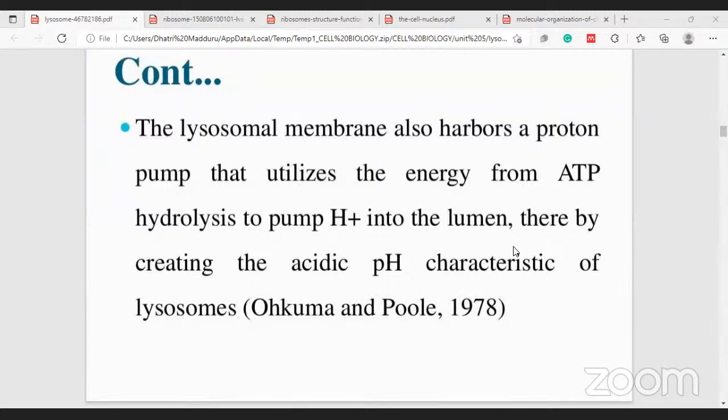Here it is not synthesizing something: when ATP is hydrolyzed to form ADP and Pi, the energy released is utilized by the proton pump to pump protons, H plus ions, into the lumen of the lysosome. When more H plus ions are there, acidic pH is generated. Therefore, lysosomes are mostly acidic in nature.